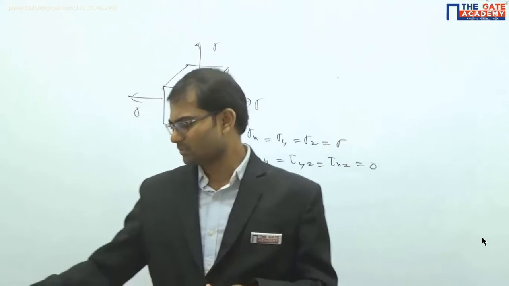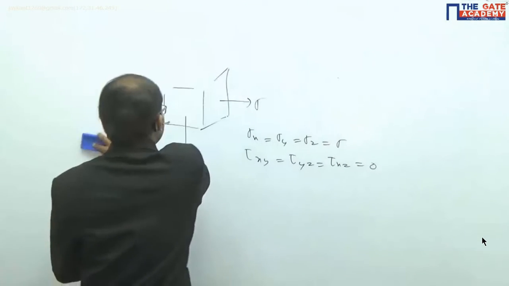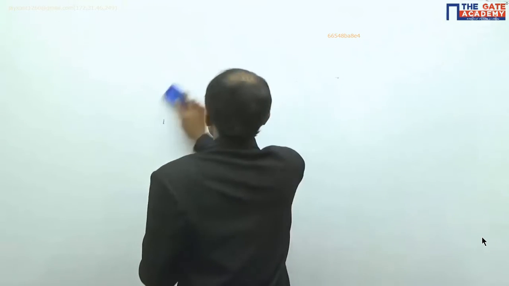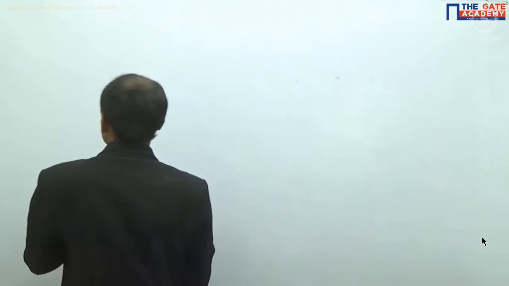So basically, the actual definition of stress, I'm writing it here. You can copy from here. Stress means basically resisting force. First of all, I will write down the definition.